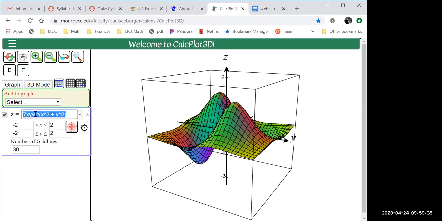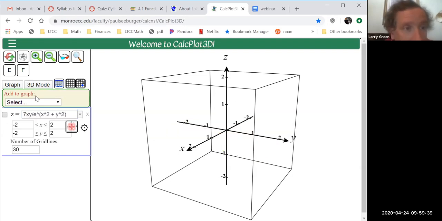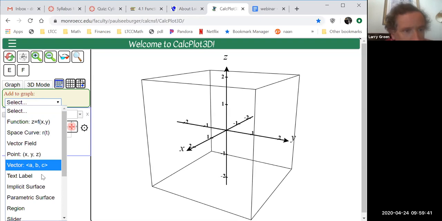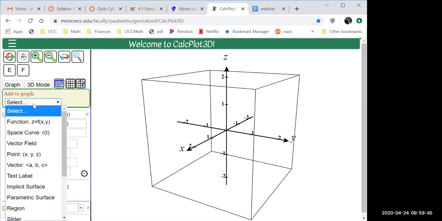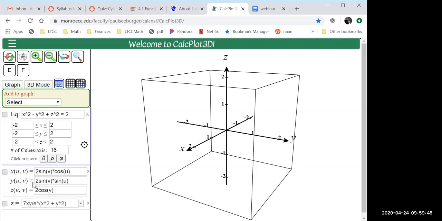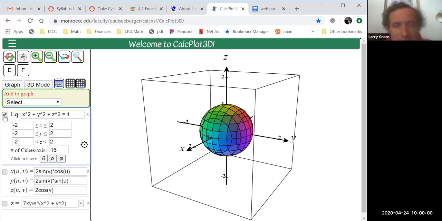Okay, how about, and let's add a parametric surface. Oh, sorry, not parametric. I want to go to implicit surface. And I'm going to go x squared plus y squared plus z squared. Let's choose 1 as the first one. And there it is.